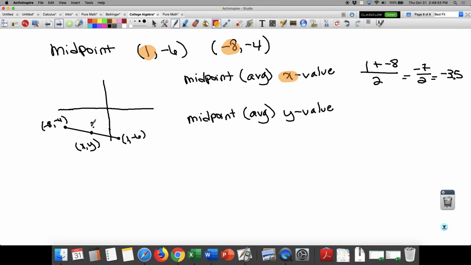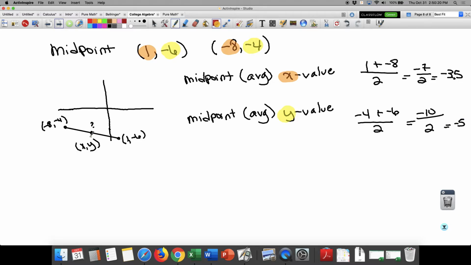We've gone in the negative direction. Now let's see what our y value is. So now we're going to take the y values and we're going to add them up and divide by 2. So that would be -10 divided by 2 is -5, and that looks pretty close.